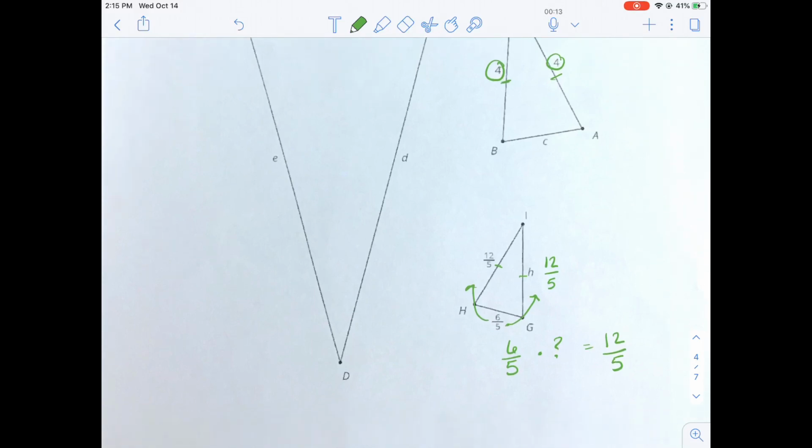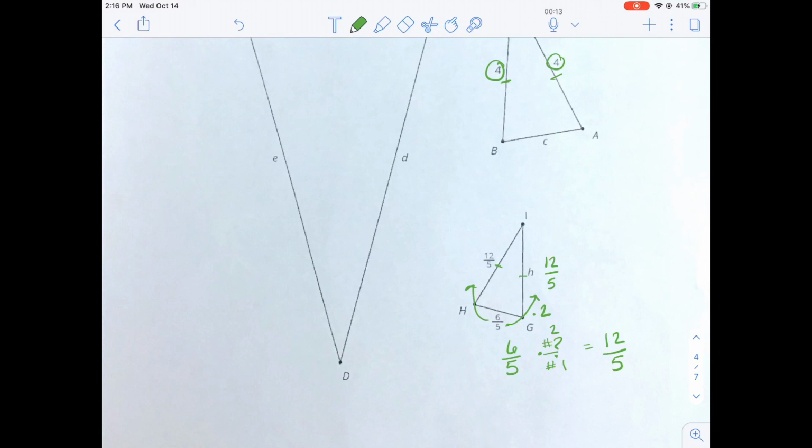Okay? If we think about when we multiply fractions, we multiply straight across. So we know we're going to have a number and a number. And at the top, 6 times something gets us 12, and 5 times something gets us 5. Well, 6 times 2 would get us 12, and 5 times 1 would keep it at a 5. So I know that when I multiplied here, this is multiplying by a 2.